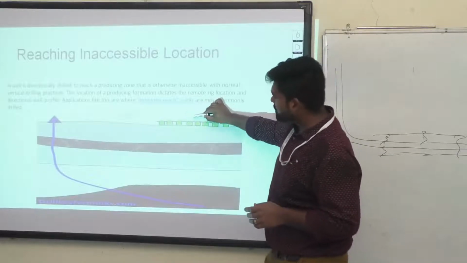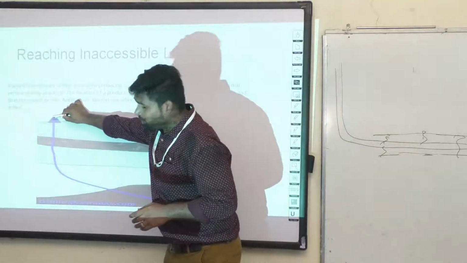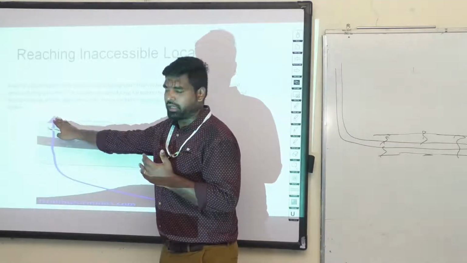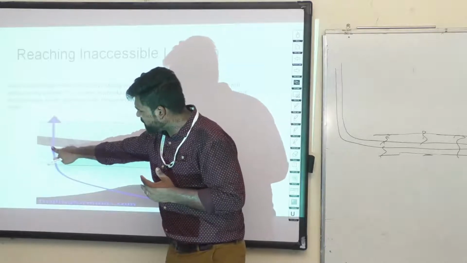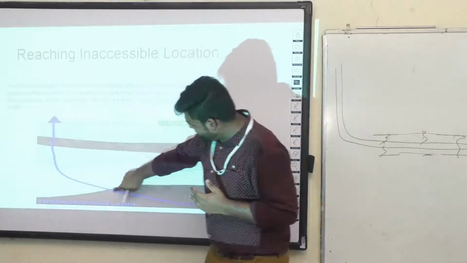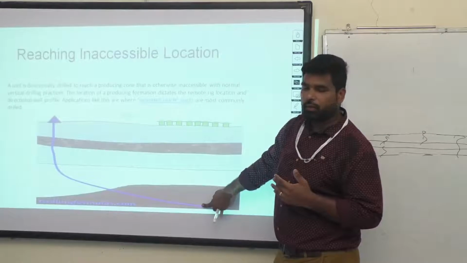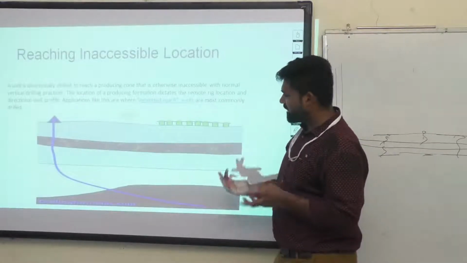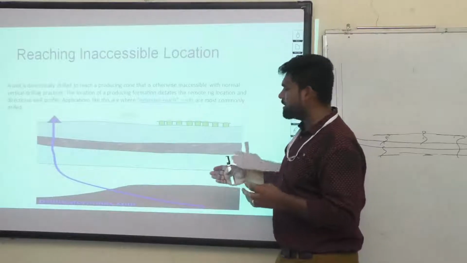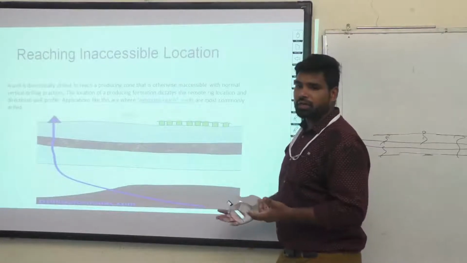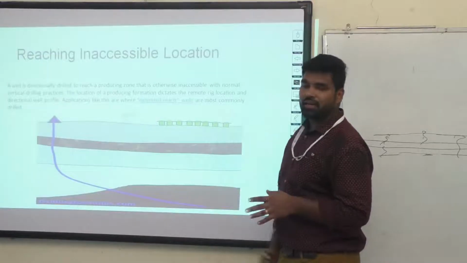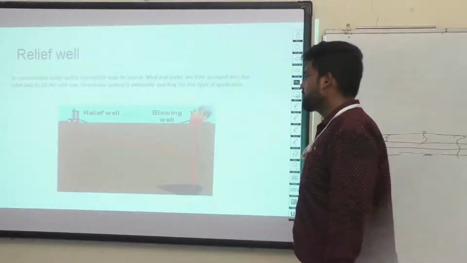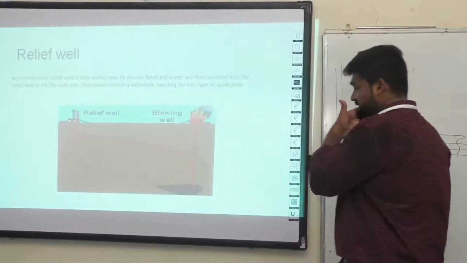So what I am doing, I am going to find an area which is located far from your building, and I am going to start drilling from here, and then I am deviating the well and reaching the reservoir which is beneath your building. So you can produce the hydrocarbon from the reservoir which is under a building or a city or a village or anything. And the other application is relief well.